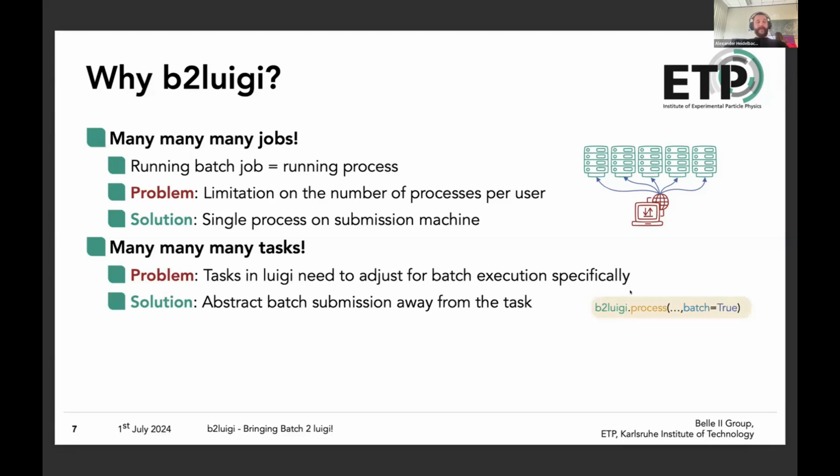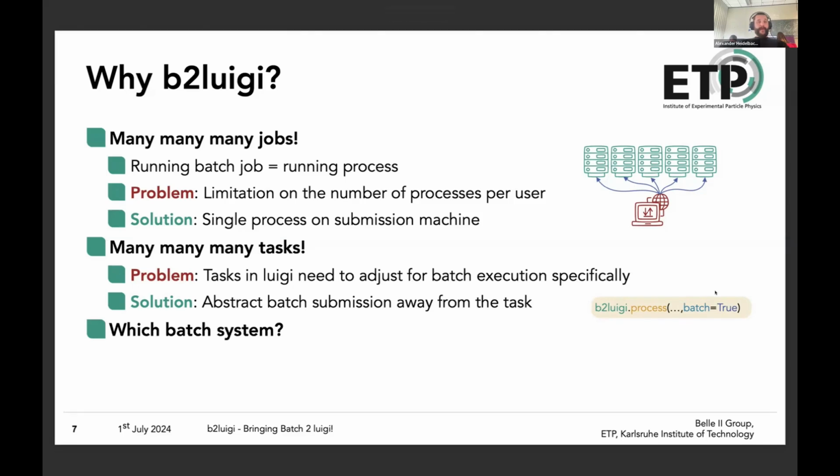So of course, a little bit tricky if I have many tasks, and the current solution is that you again abstract the batch submission such that you can do the submission with a single argument in a single function. We will talk about this later.